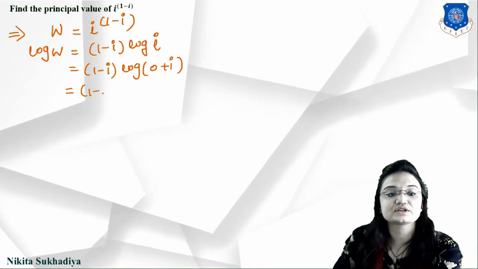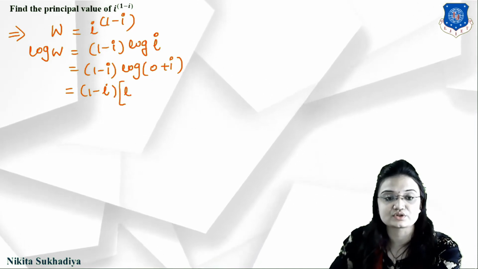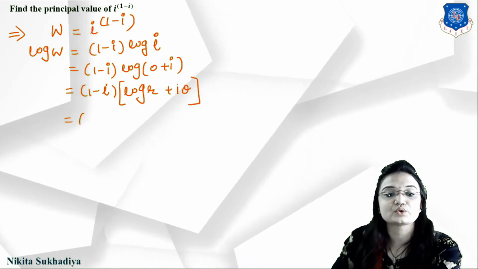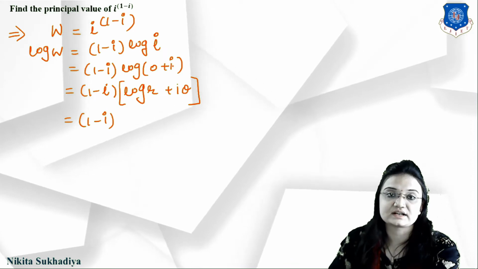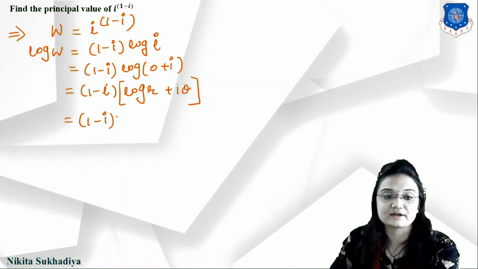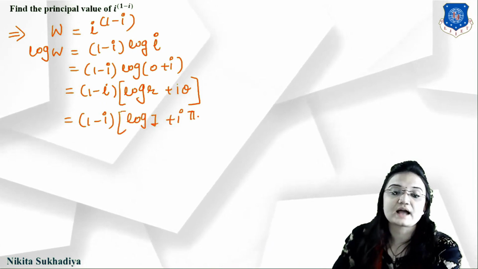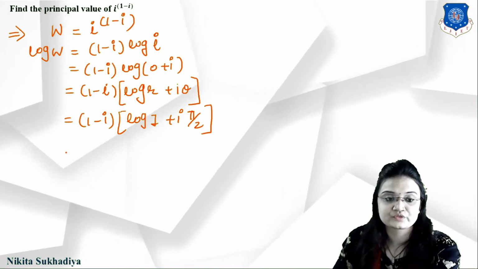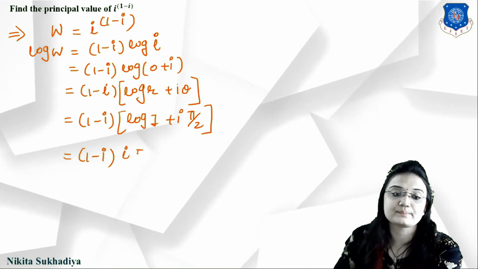Using the logarithm equation, here we use the principal value, log r plus i theta. Now r for this complex number is 1, and theta is π/2. So this is log 1 plus i π/2, and we know that log 1 is 0. So this is (1 minus i) into i π/2.